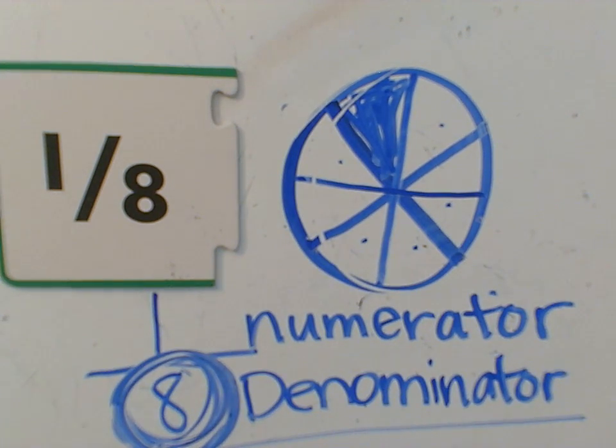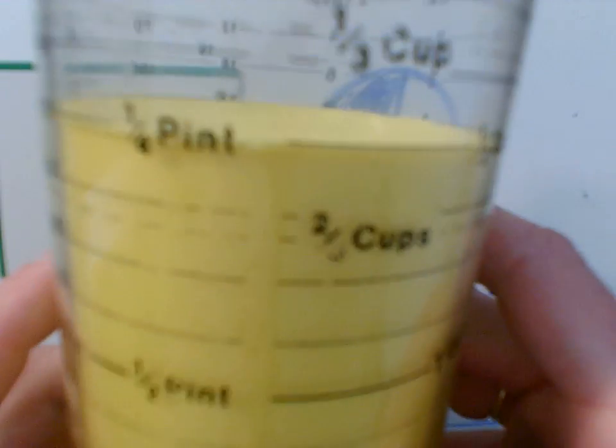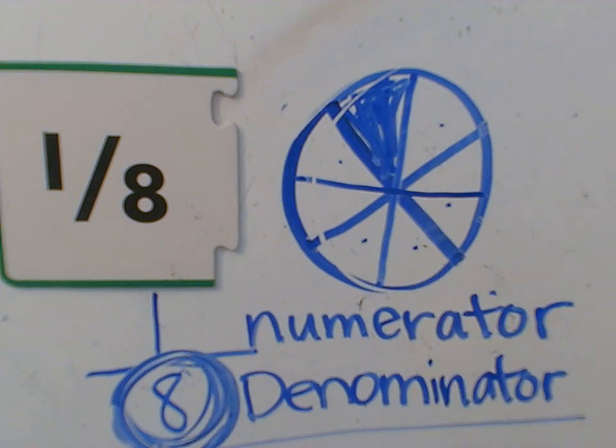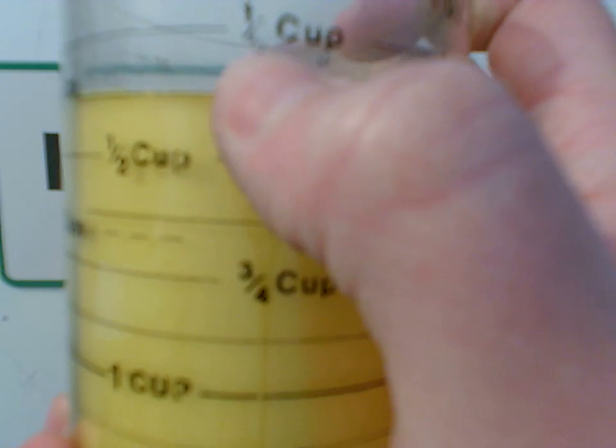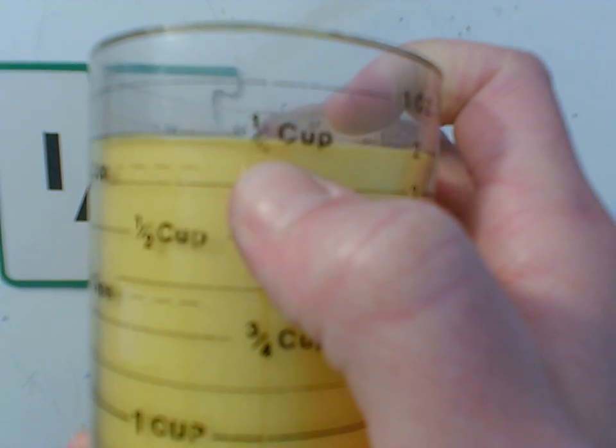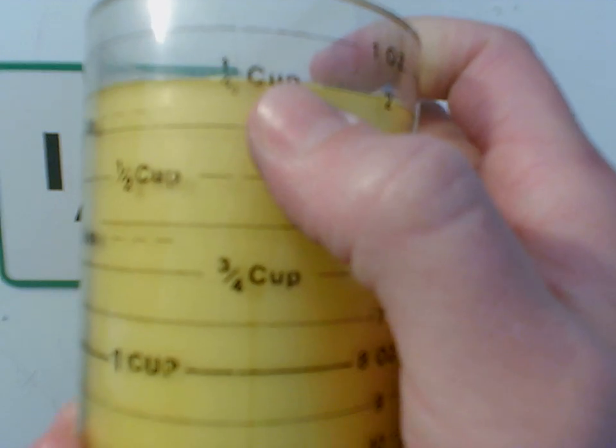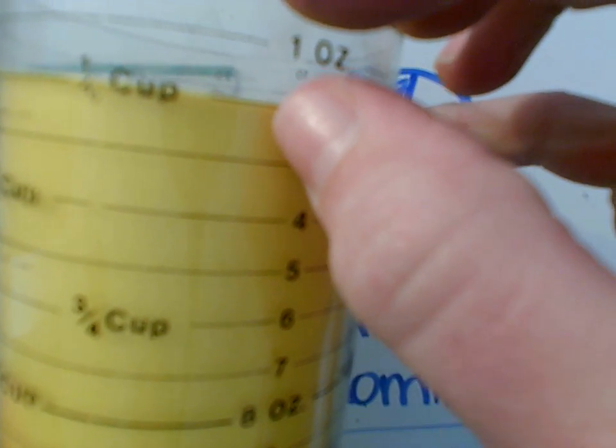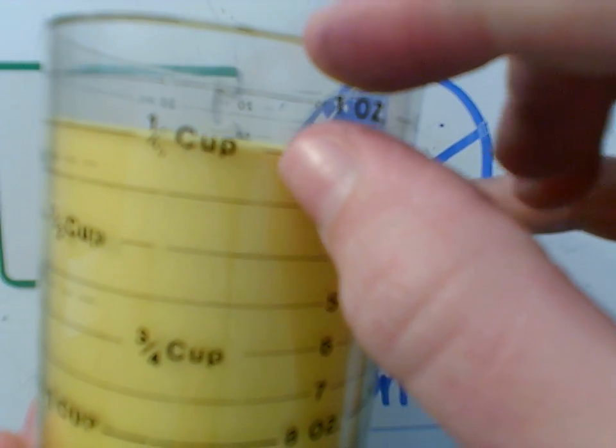So if I was to look at my measuring cup again and I went to 1/8, let's see here. It's kind of worn off, but it's right here. It has 1/8, which means that 8 of these little chunks is in 1 cup.